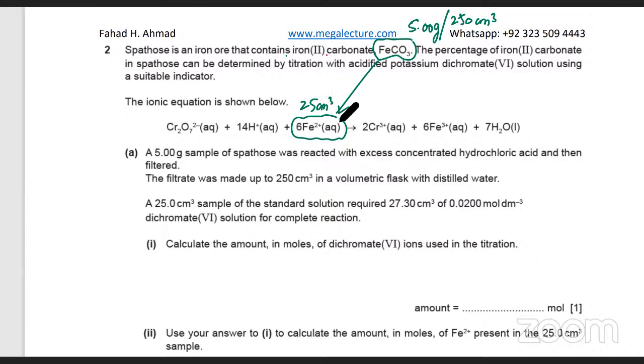Out of that 250, he took 25 cm3 and reacted it with dichromate 6. How much dichromate 6 was used? How many moles is this?